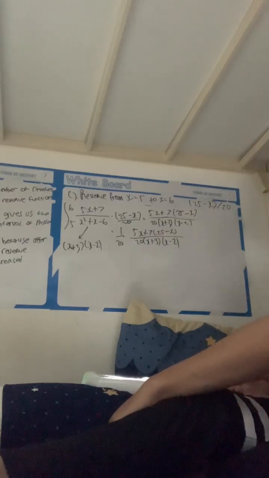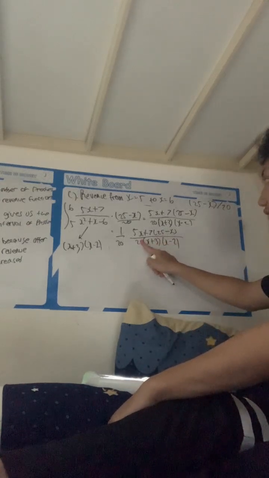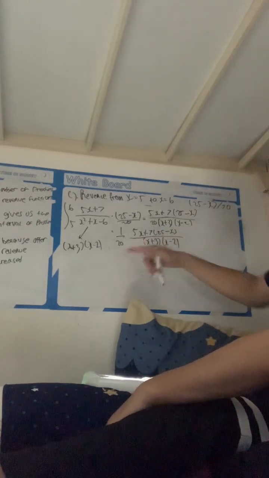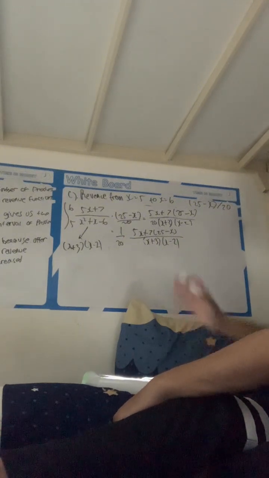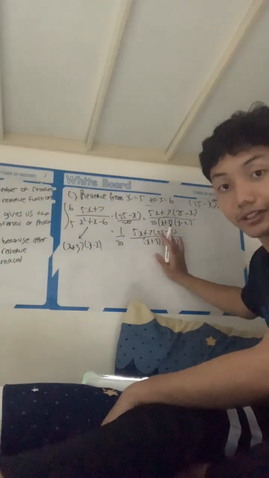Okay, so wait, where is there still the 20 here? Okay, so at this point we can count this part a lot easier.